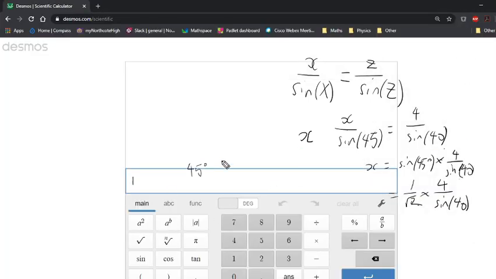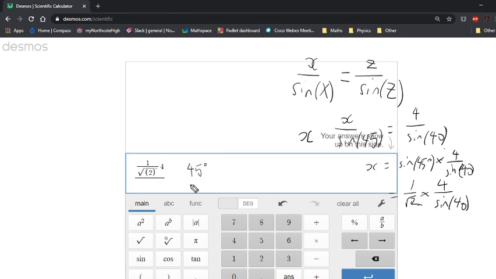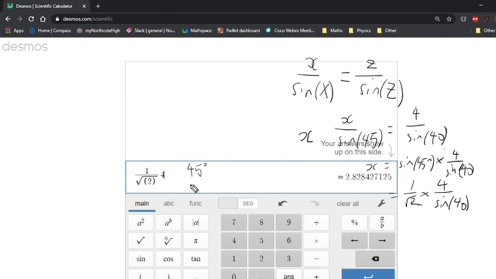I'm just going to use a scientific calculator. So x by itself was 1 on root 2 times 4 on sine of 40, putting the 4 at the top and the sine of 40 here.